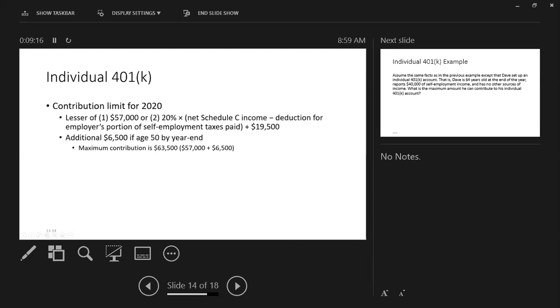Here's another type of plan that's available to self-employed, a 401k individual. Again, these are limited to the lesser of 57,000, 20% of that calculation we just did, plus 19,500. It's an additional 6,500 if you're over 50 years old when you're making that contribution.